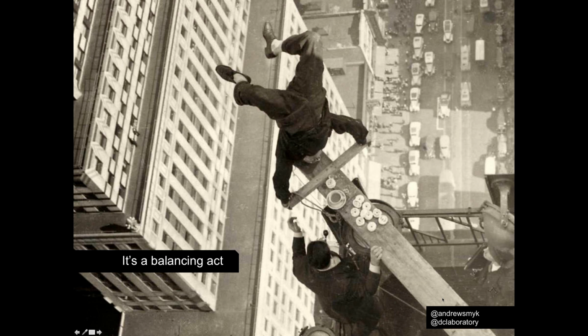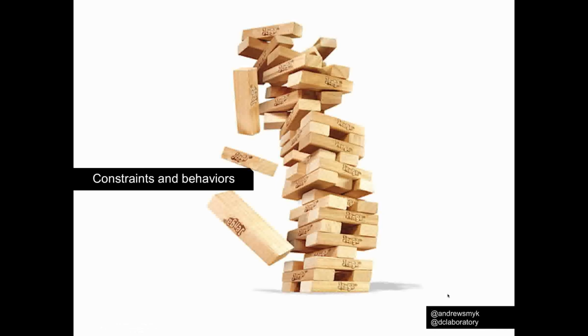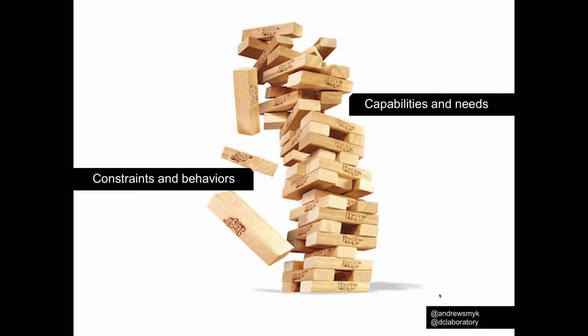So in the end, it's a big balancing act. You have to put all of these things into consideration when you're designing something for the user. I like to look at it as a big game of Jenga. You have constraints and behaviors. So you have the constraints of the device and the user behaviors, and you also have the capabilities of the device versus the needs of the user.